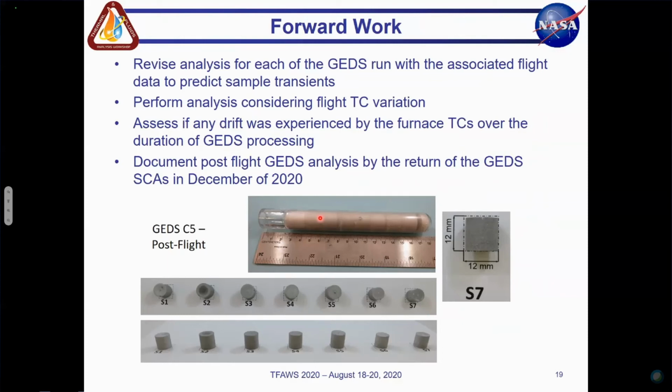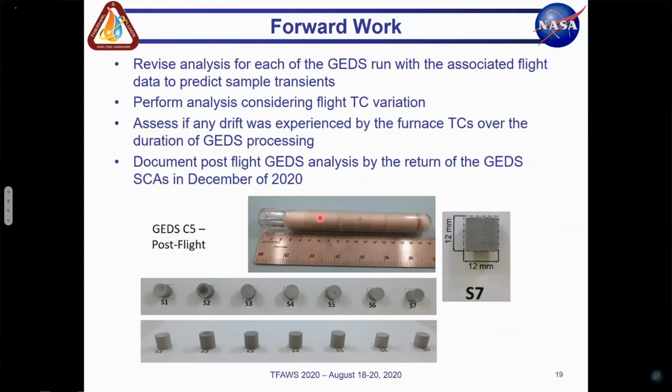So some forward work for GEDS. We're going to revise the analysis for each one of the GEDS runs with the associated flight data to make sure we do a better job at predicting the sample transients. And we're going to perform an analysis considering the flight TC variation.